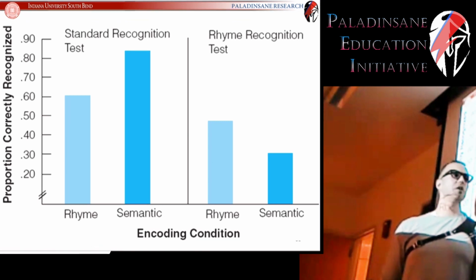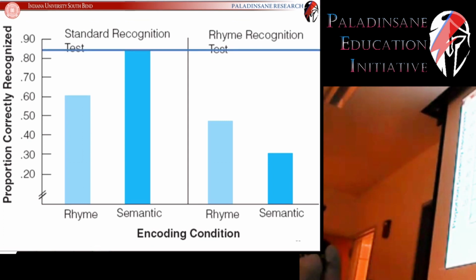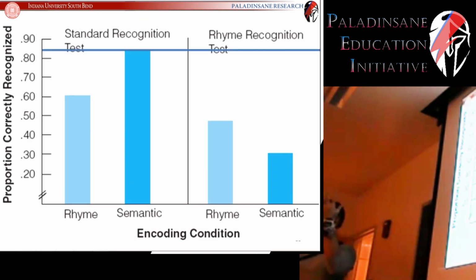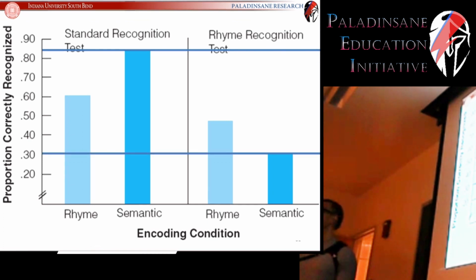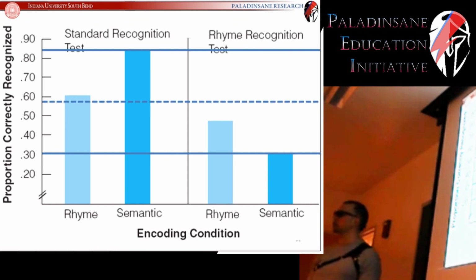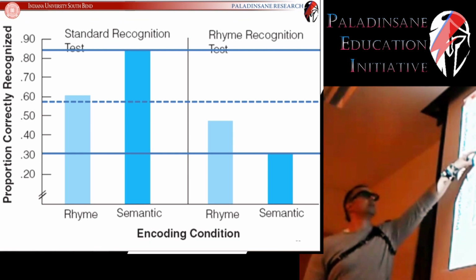On average, how did the people that encoded semantically do? We have people that encoded semantically and were tested in a standard test, and people that encoded semantically and were tested in a rhyming test. On average, they did about that good, right? They got just under 60% correct.